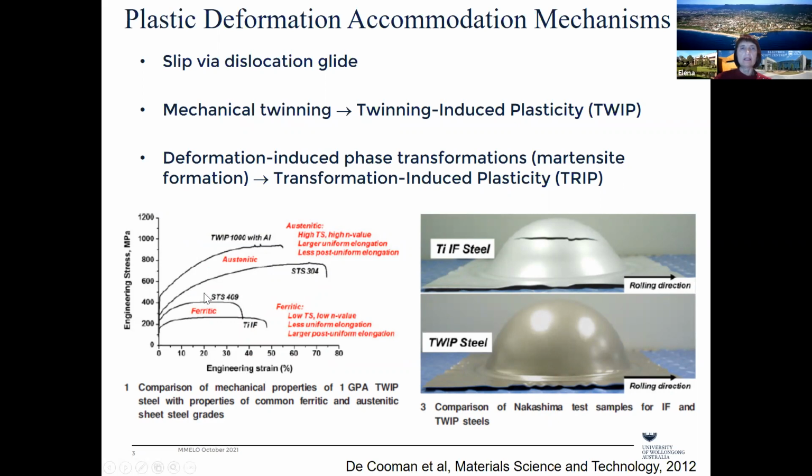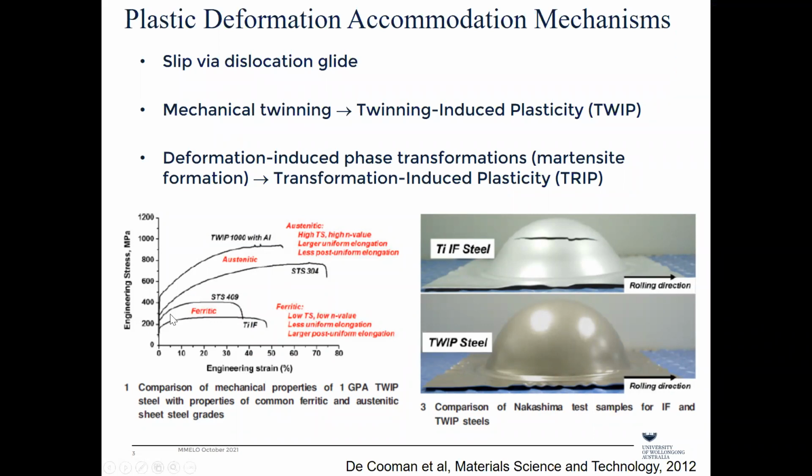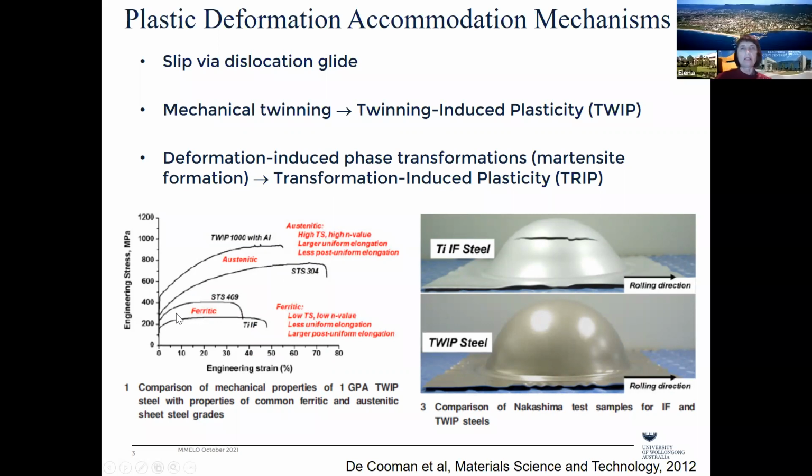So why TRIP and TWIP steels? Because the standard steels that are usually strengthened by dislocation movement, precipitation strengthening, and solid solution strengthening have a pretty small work hardening rate, and usually with an increase in strength, we have a reduction in ductility. A typical stress-strain curve is shown on this graph.